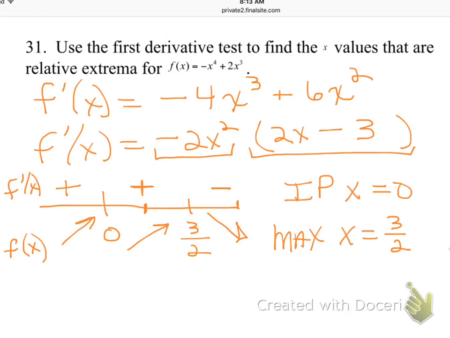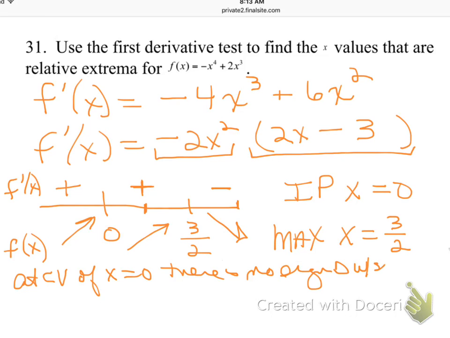So I need to write a statement about my sign chart. So I would say at a critical value of x equals 0, there is no sign change with our slope, so that yields an inflection point.